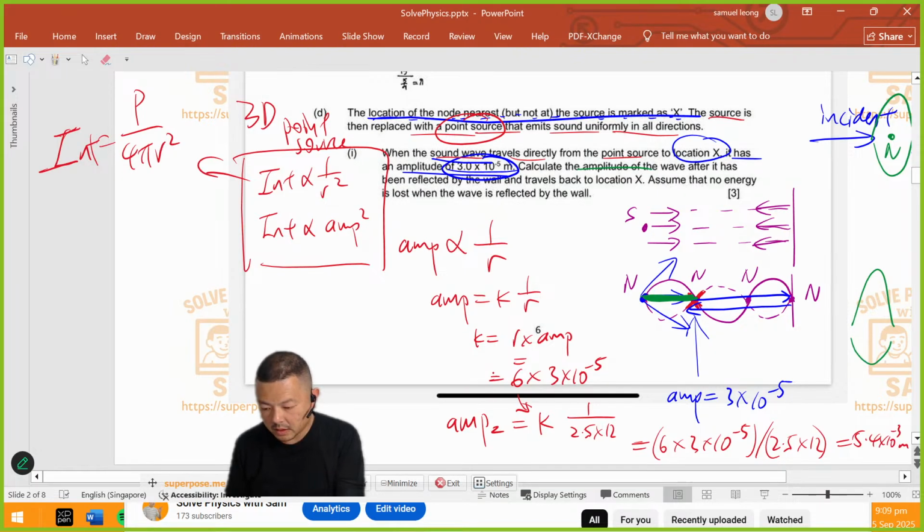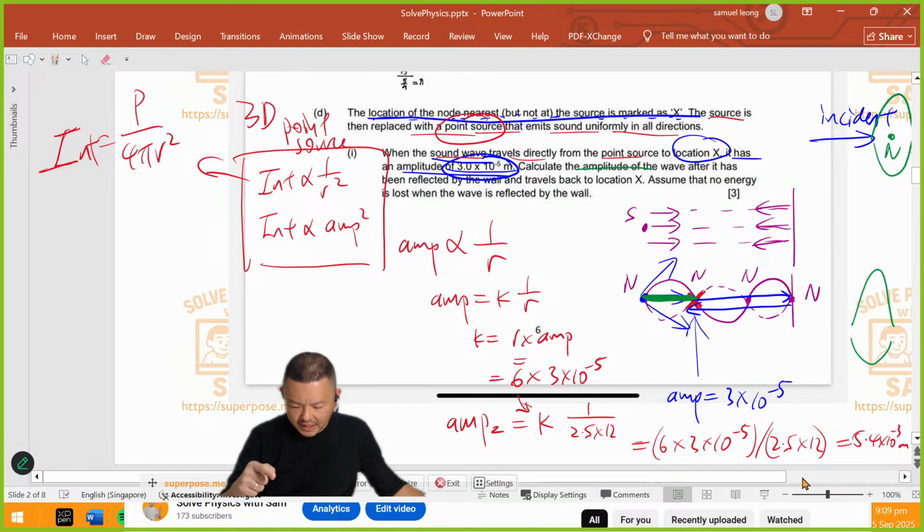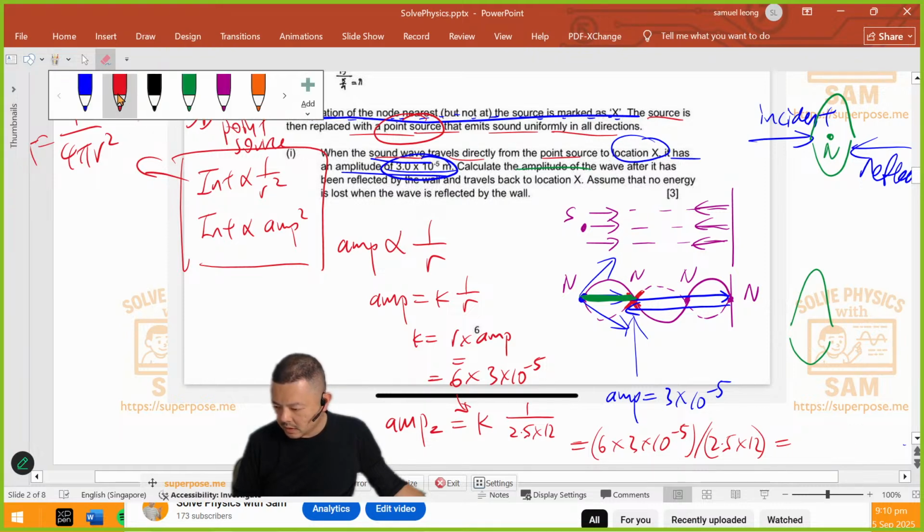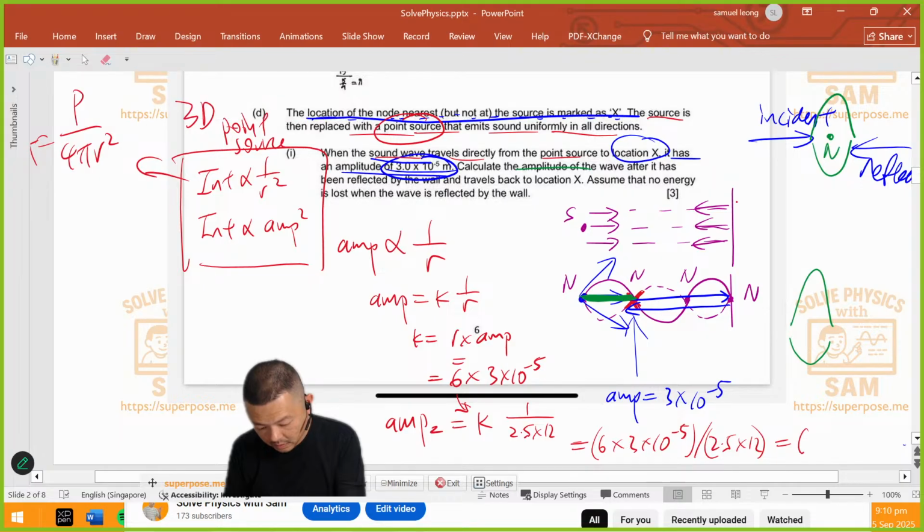Wait, what's going on? No, that's even bigger amplitude now. Then divided by 2.5 times 12, which is 6 times 10 to the power minus 6 meters.